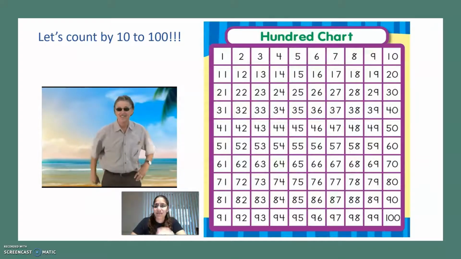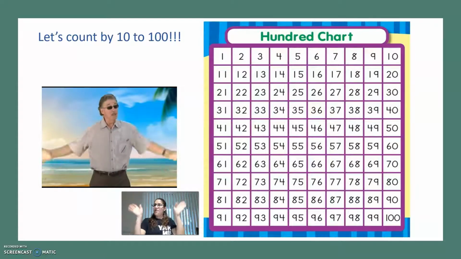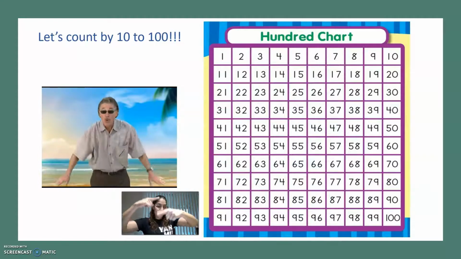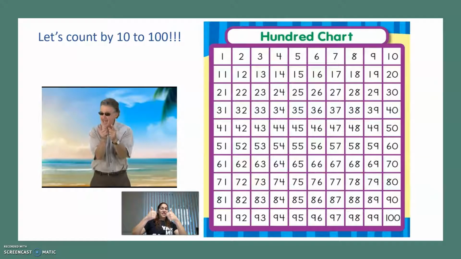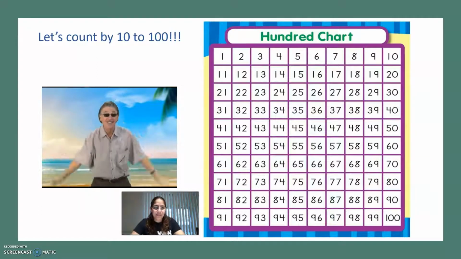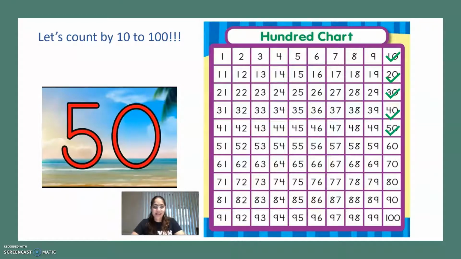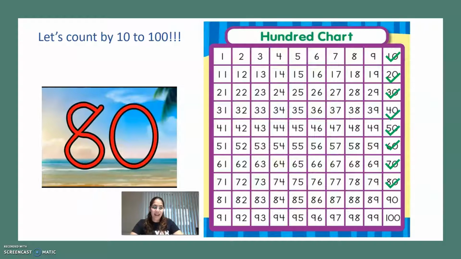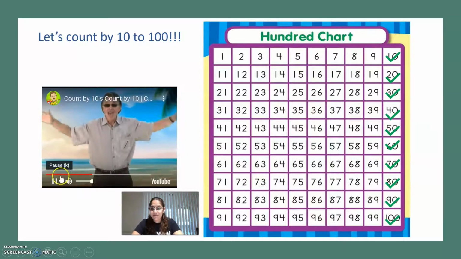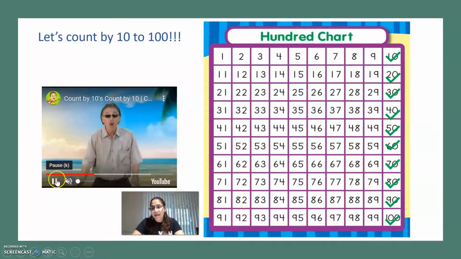Arm circles forward, arm circles back, as we count by tens, forward and back, just like that. 10, 20, 30, 40, 50, 60, 70, 80, 90, 100. Take it back, circle backward and count.